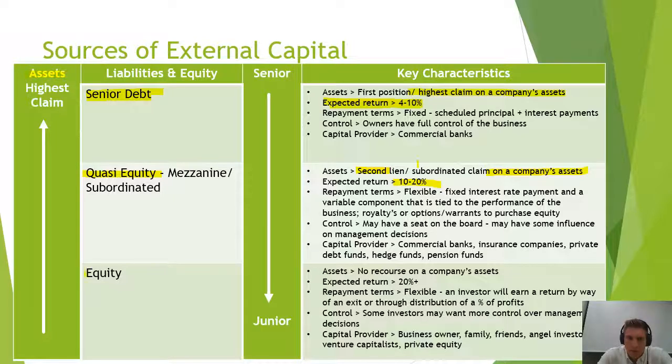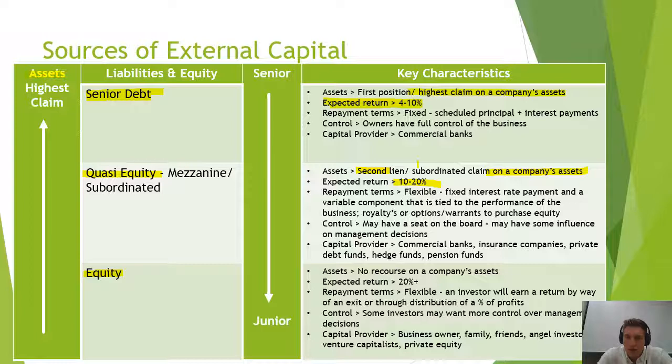Now, equity investors or capital providers are taking on the most amount of risk. If a company goes bankrupt, an equity capital provider has no recourse on a company's assets. And so an equity investor will receive nothing.